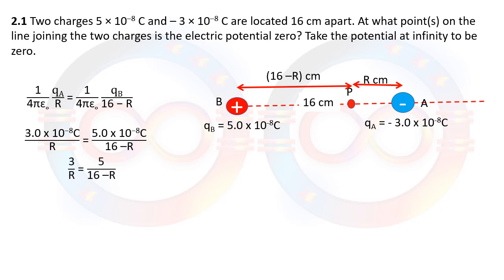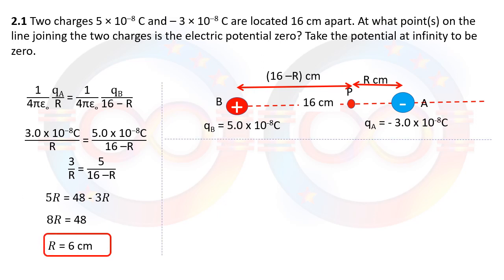Again 10 raised to minus 8 would get cancelled and it will be 3 upon r is equal to 5 upon 16 minus r. After getting cross multiplied, it is 5r is equal to 48 minus 3r and 8r is equal to 48, and hence r is equal to 6 centimeter. So from A it is 6 centimeter, but from B it is 10 centimeter because total distance is 16 centimeter.